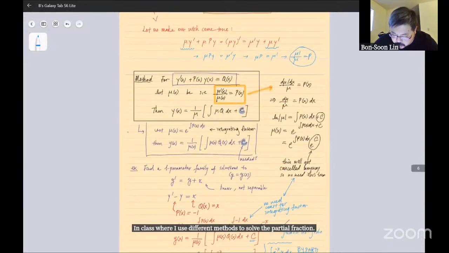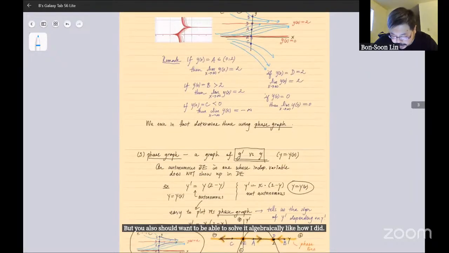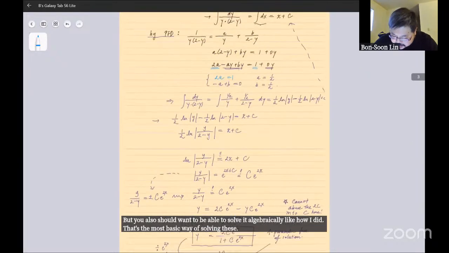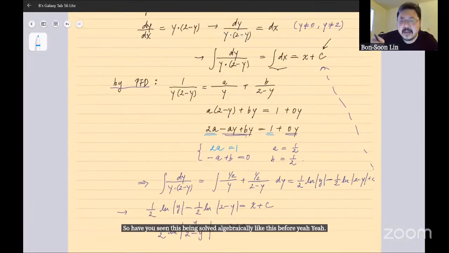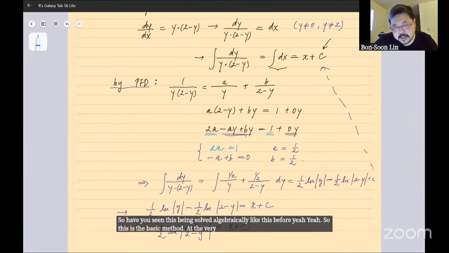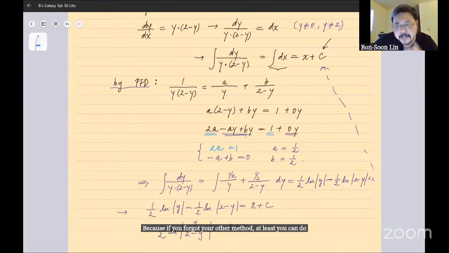But you also should want to be able to solve it algebraically like how I did. That's the most basic way of solving these. Have you seen this being solved algebraically before? Yes. So this is the basic method. At the very least, you need to be able to do this, because if you forgot your other methods, at least you can do this method. Other ones are called tricks, and tricks are useful in special cases.